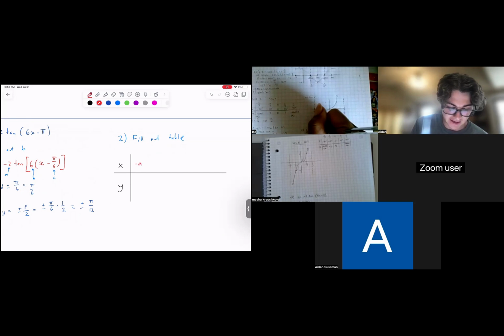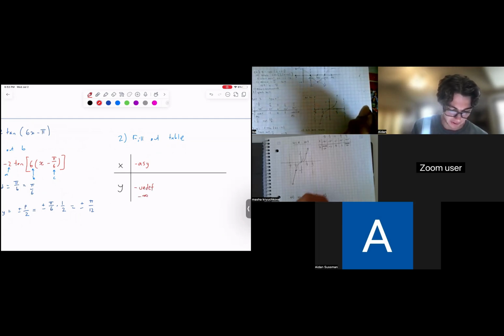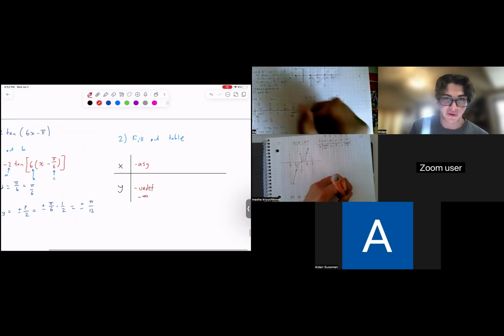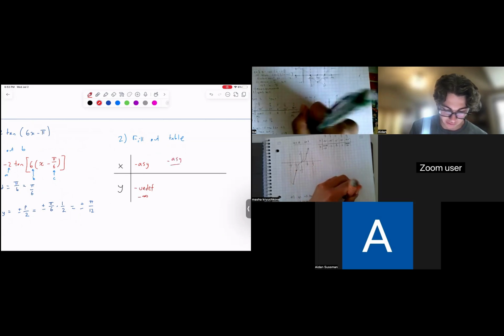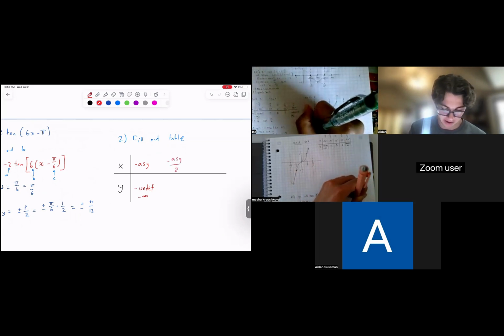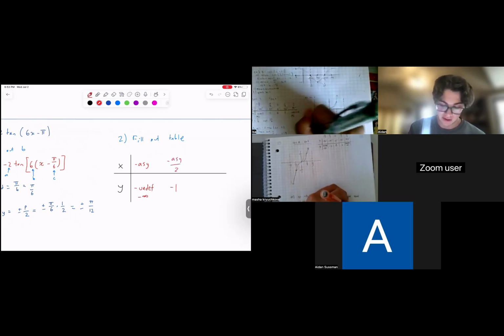It starts at negative asymptote, whatever our asymptote is, and that's always going to be negative undefined or negative infinity. Then after that, you get negative asymptote divided by 2. This is your next area, and this is always negative 1. Then 0 is 0. Asymptote divided by 2 is 1.